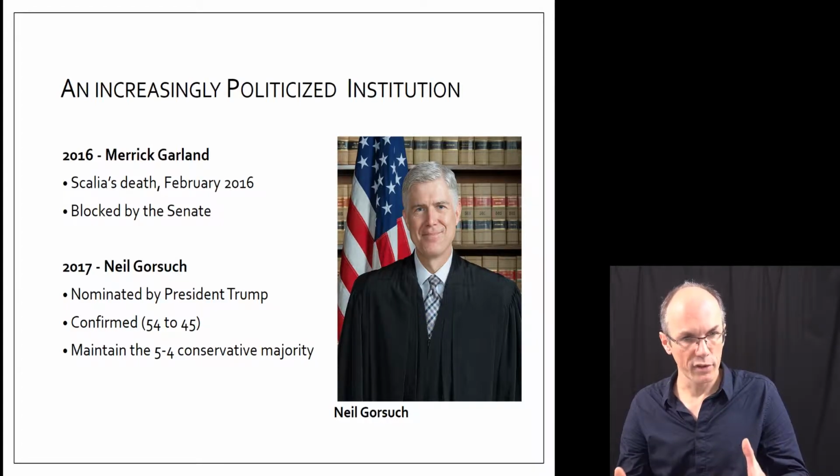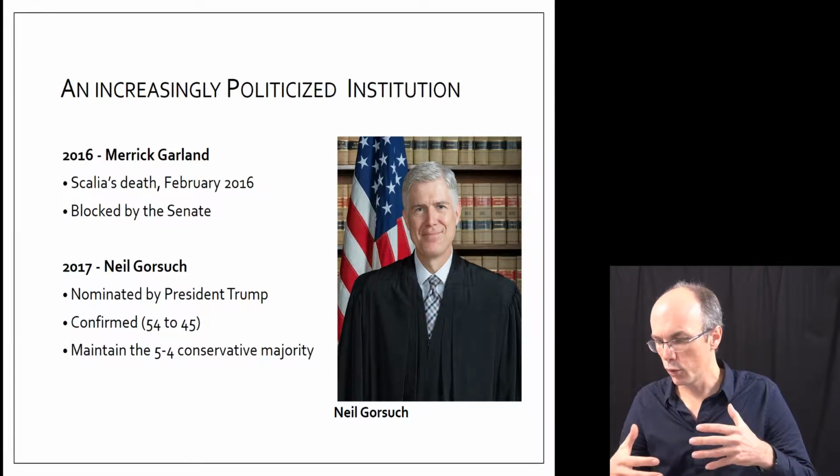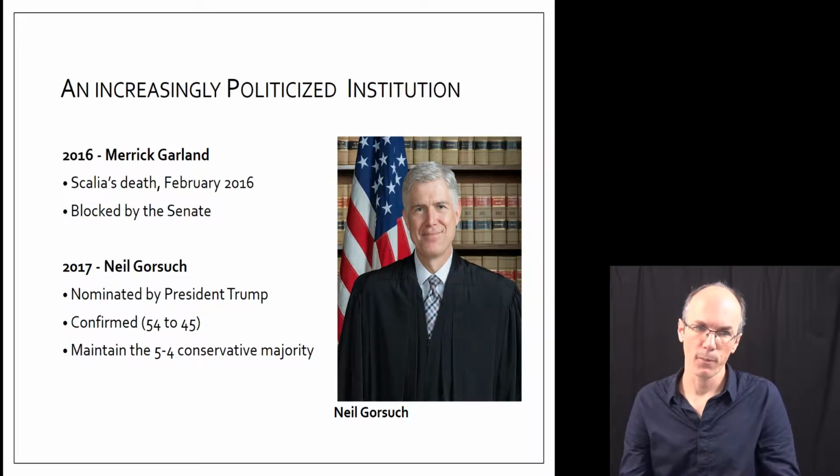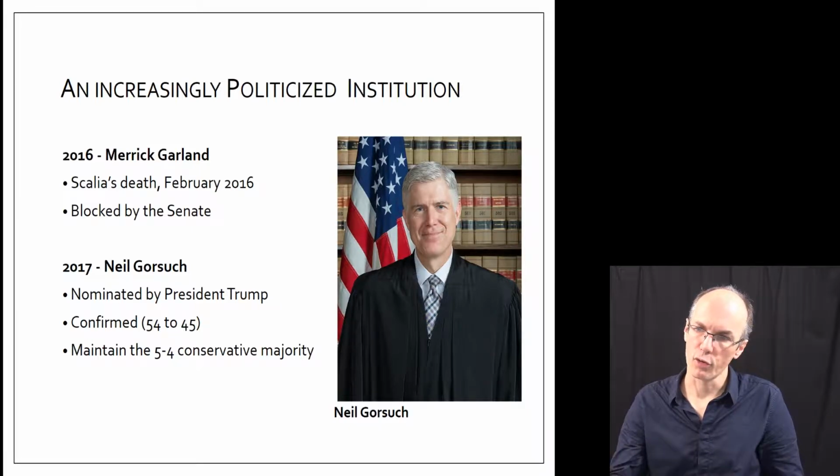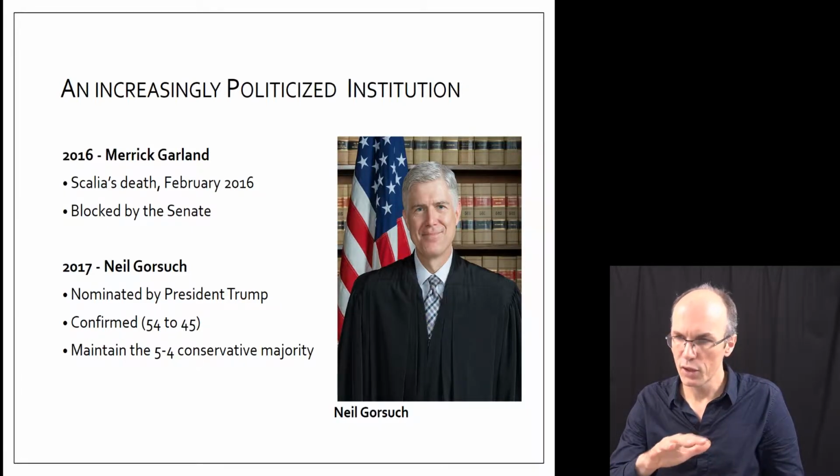And Barack Obama, who was still president, tried to nominate a new judge, Merrick Garland. The US Senate, which was controlled by Republicans, refused to hear Merrick Garland, who was never given an audition and was never confirmed.